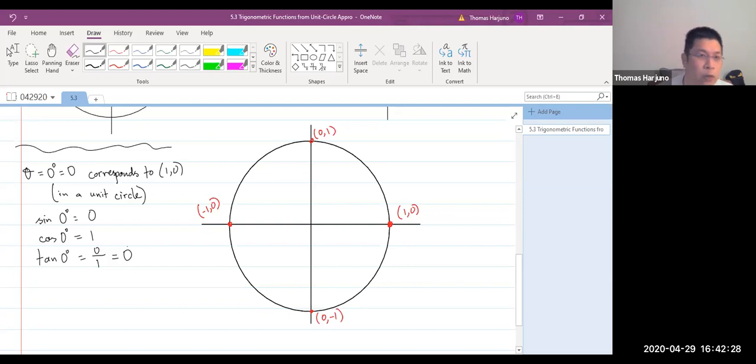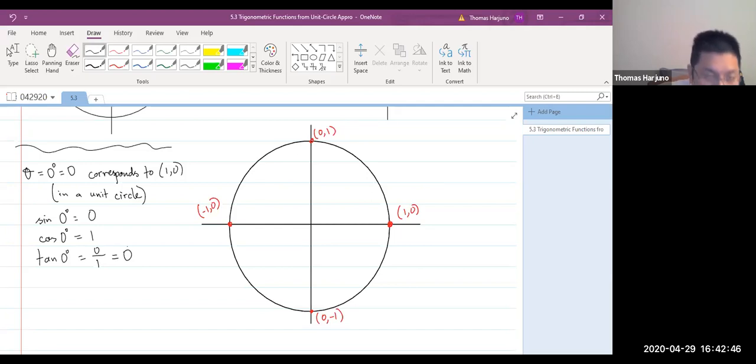Okay, now of course, from now on I need you to memorize the sine, cosine, tangent, and consequently secant, cosecant, cotangent values of 0 degrees, 90 degrees later on, 180 degrees, and 270 degrees.